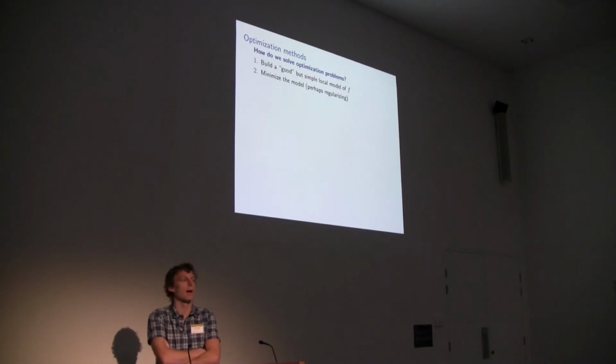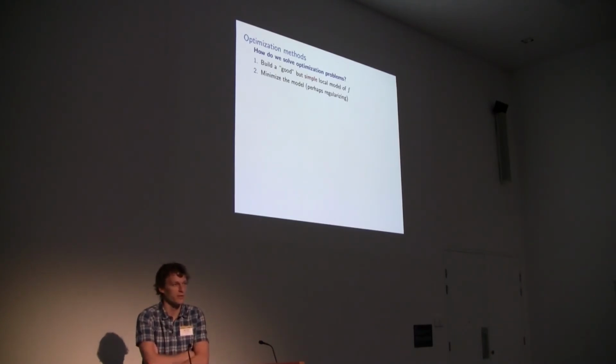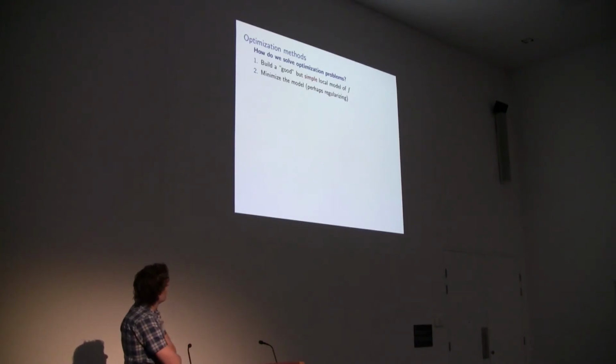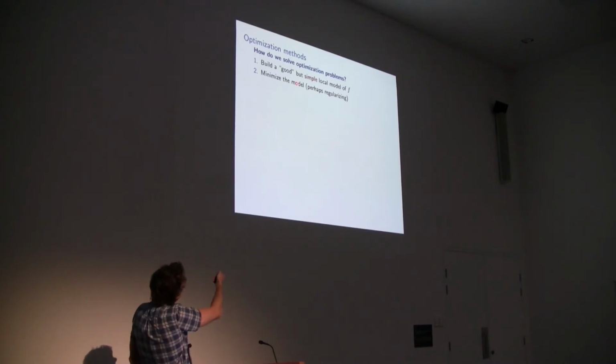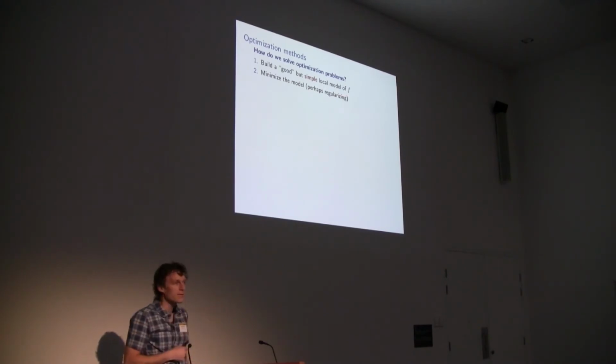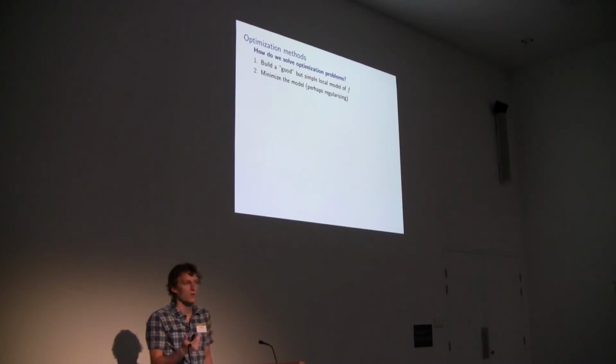How do you solve optimization problems? Just generically, what do we do? Well, we do this two-phase thing, where in the first step we build some kind of good but simple local model of our function f. And then in the second step, we minimize this local model, or maybe we regularize it when we minimize it.